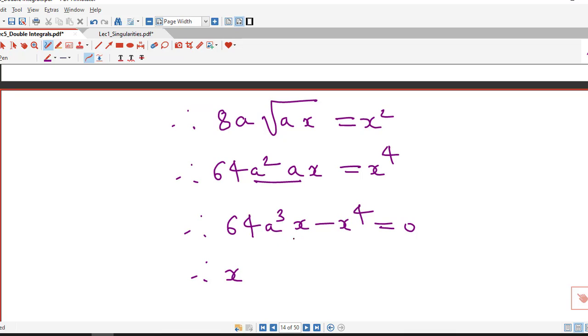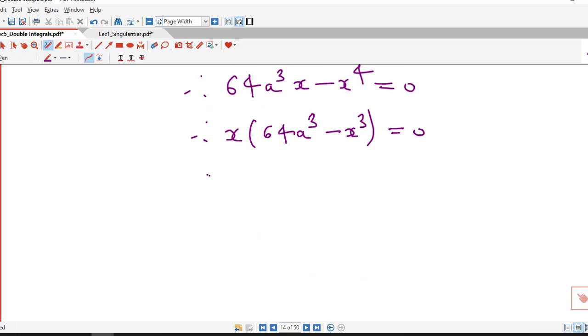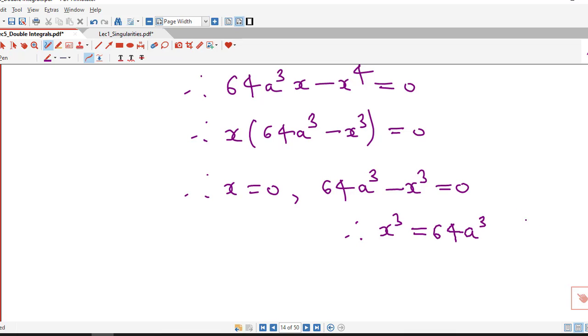Here we can take x common and we have x times 64 a cube minus x cube equal to 0. So either x is 0, or 64 a cube minus x cube equals 0, which gives x cube equal to 64 a cube, that is cube of 4a. So we obtain x equal to 4a and x equal to 0.